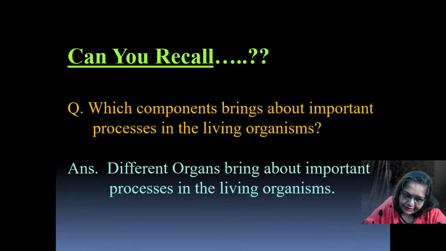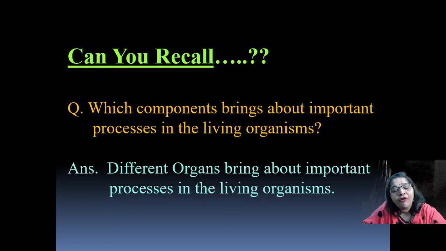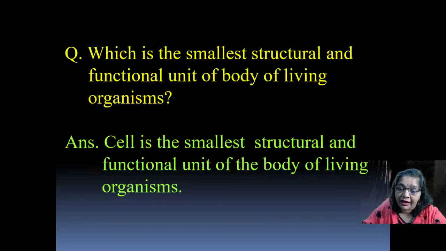Can you recall, students, which components bring about important processes in the living organisms? Let us see the different organs, okay, which are arranged in an organ system, and bring about different processes in the living organisms. That is why they all function, they are called living, okay, they are alive.